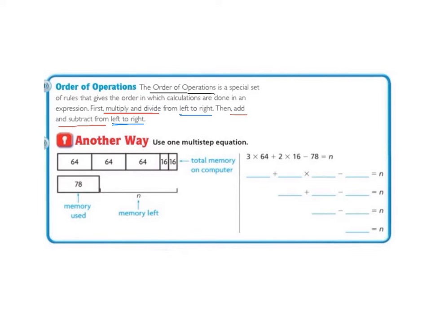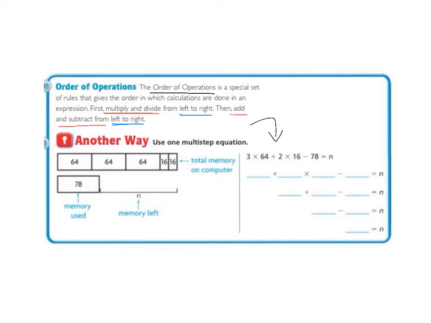Right underneath this is the same problem we had from before about the computer chips. But this time, instead of looking at it step by step, we have this big equation. I have 3 times 64 plus 2 times 16 minus 78 equals n. Remember, n is our unknown number.